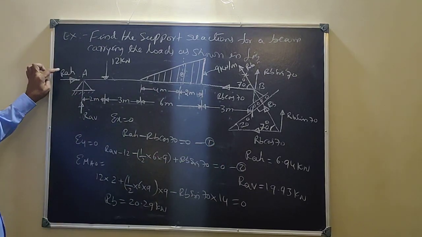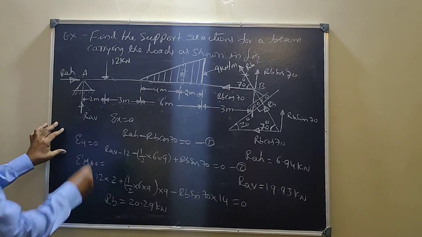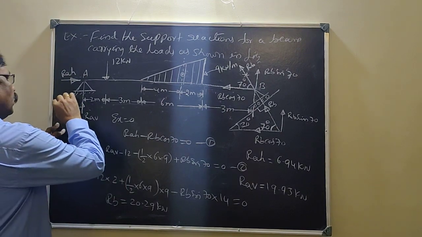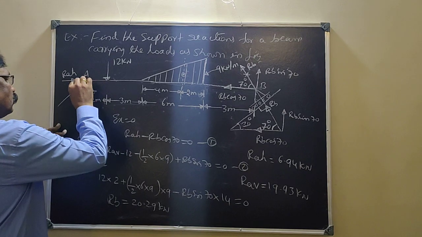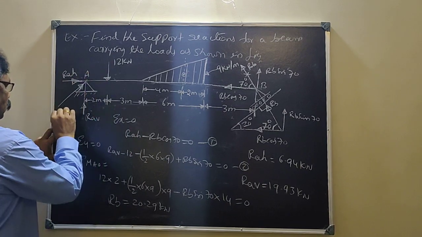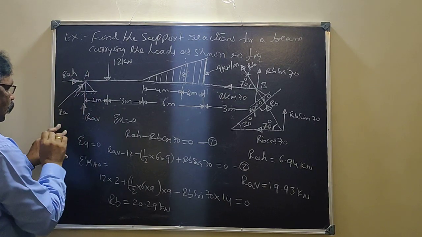Now you have calculated RAH and RAV. In order to find the resultant RA, it is assumed to act like this. So this is your RA.